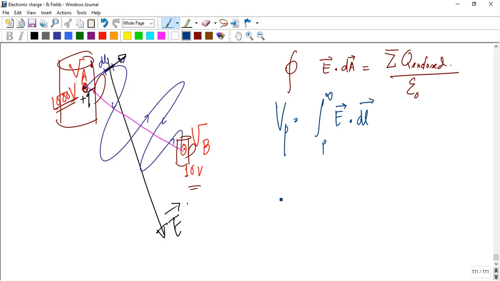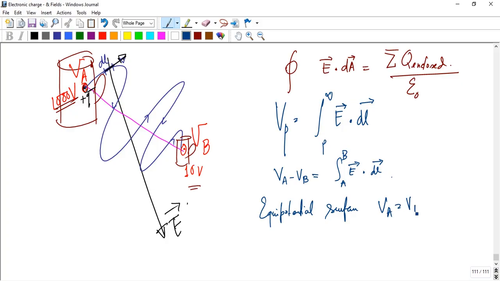The potential difference VA minus VB is basically the integral from A to B of E dot dl. If I consider both surfaces to be the same, meaning an equipotential surface, then VA equals VB.